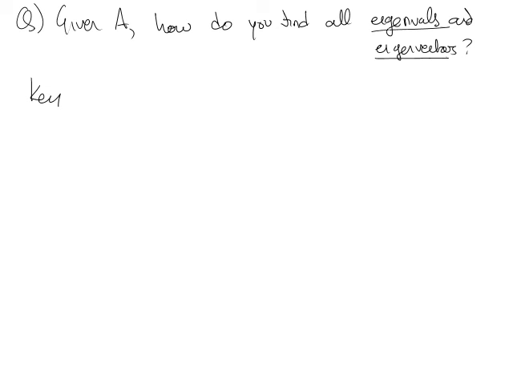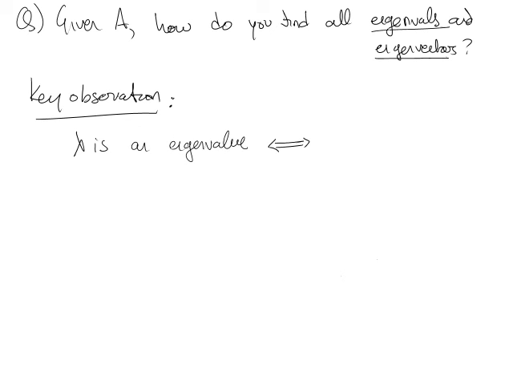So the key observation is the following. From what I wrote on the previous slide, some number lambda is an eigenvalue if and only if it has an eigenvector, right? Av equals lambda v for some non-zero vector v.